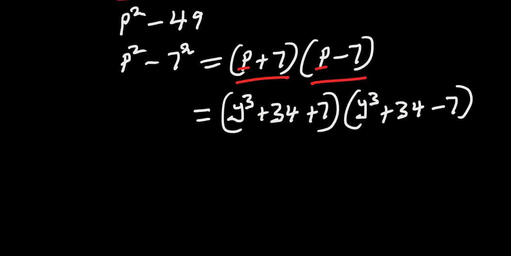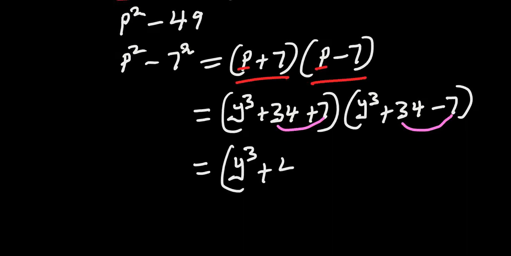Let's add 34 and 7, and also 34 minus 7. So this will be equal to y to the third power plus 41, since 34 plus 7 is 41, and y to the third power plus 27, since 34 minus 7 is 27.